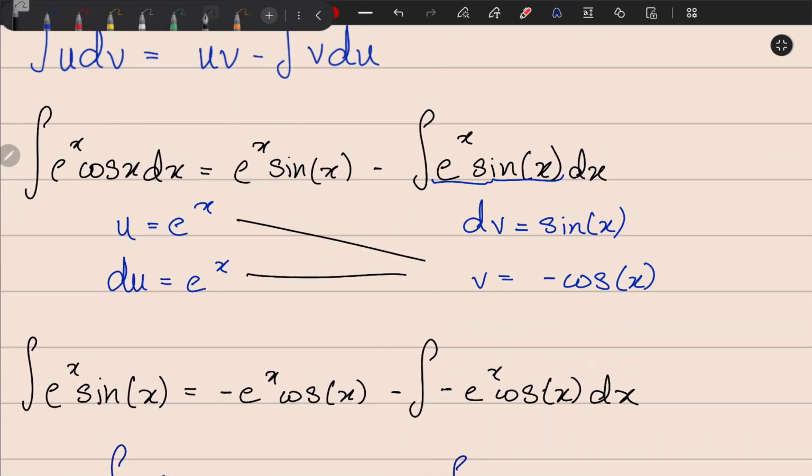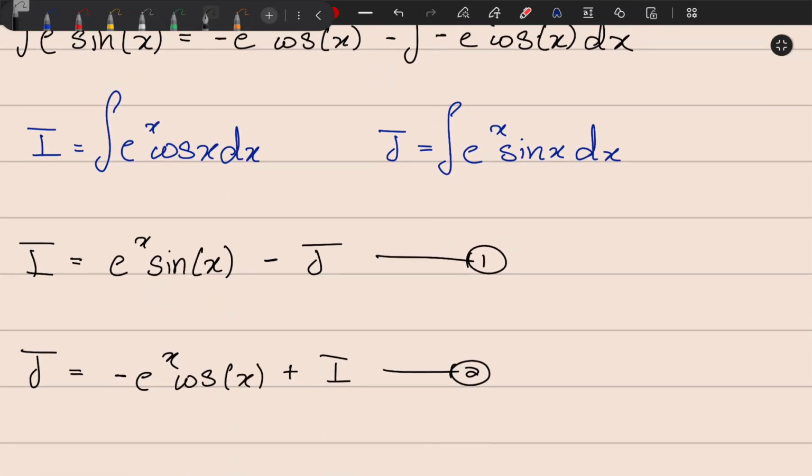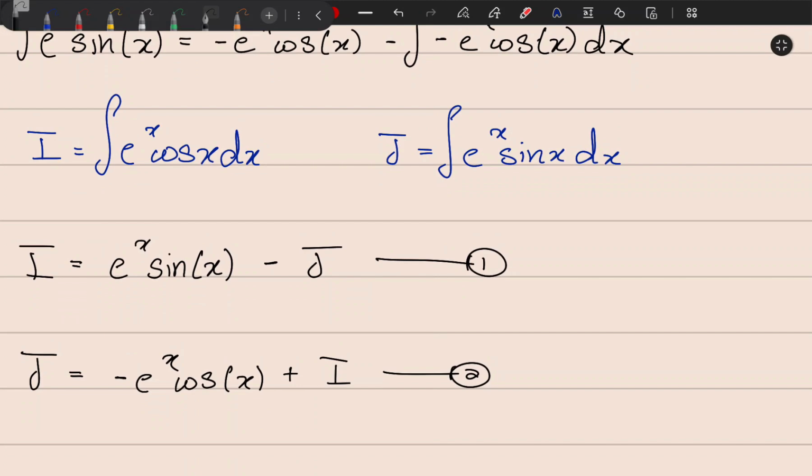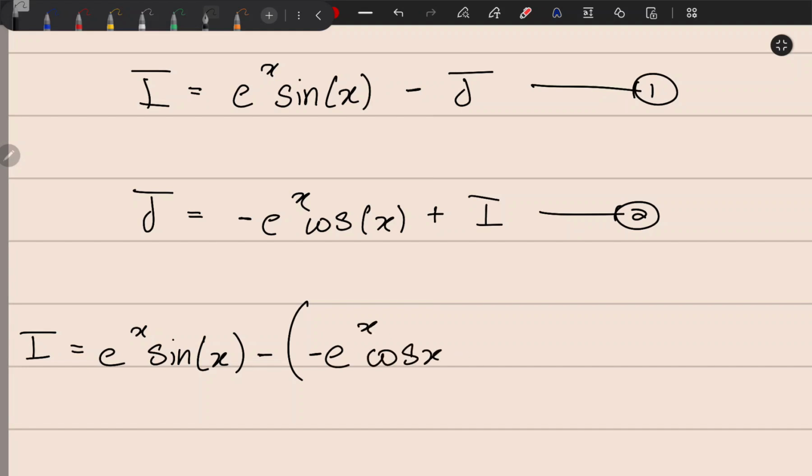And what we needed to find in the original setup is basically I. So I'll substitute out J and we'll just solve for I. All right. So subbing in this J over here, we get I is equal to e to the x sine x minus brackets, sorry, negative e to the x cos x plus I.